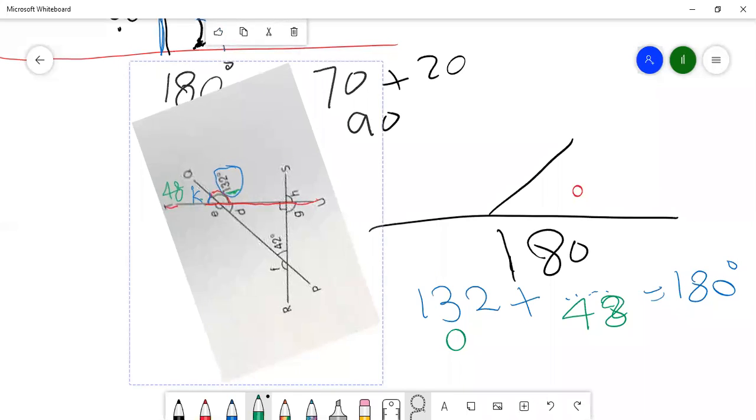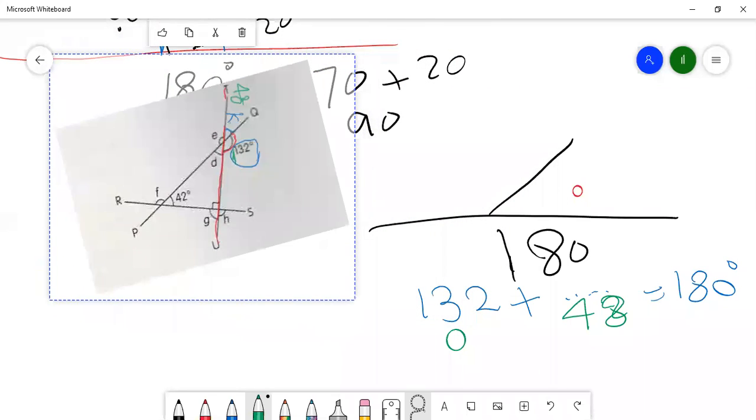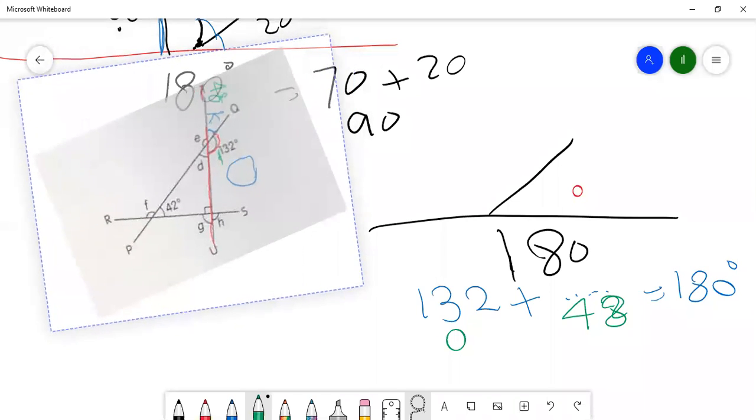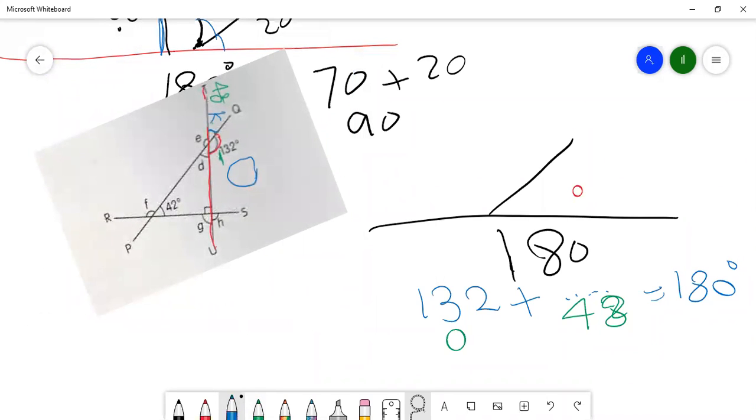I want somebody else to tell me what is the size of F. 128 degrees. Why 128?